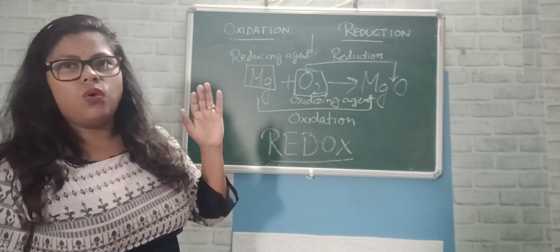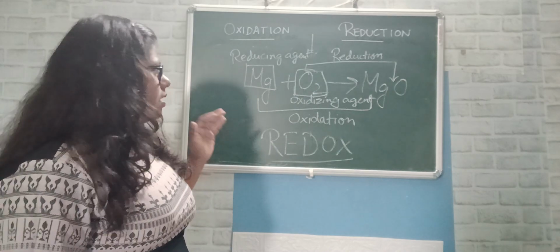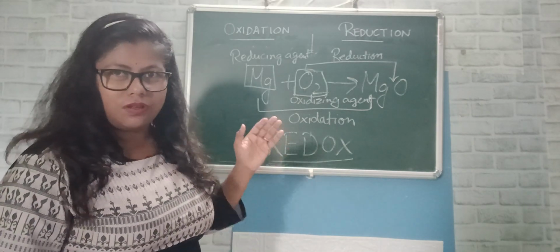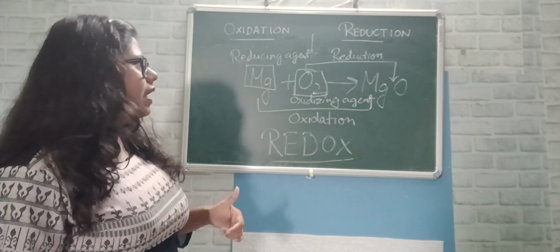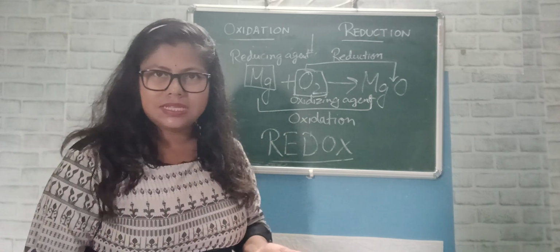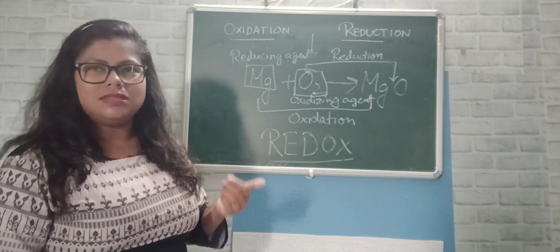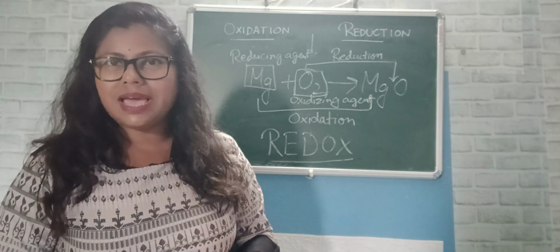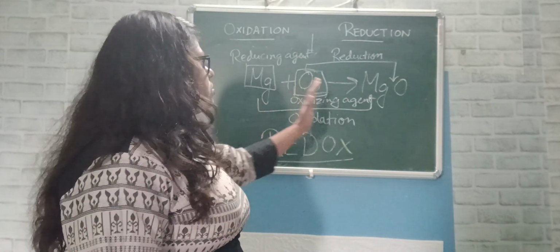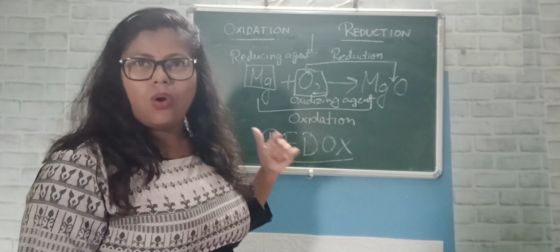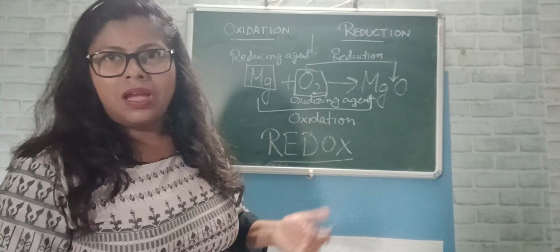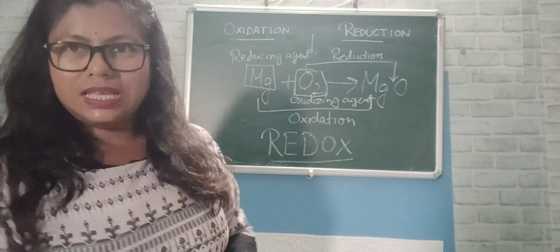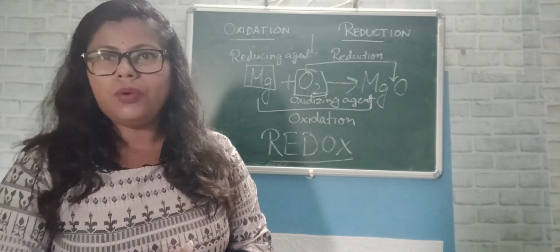Okay, so please revise this concept again and again in order to understand it and answer all the questions related to it. I hope you understand the difference between these two processes in respect to each and everything. So with this I will conclude my video.